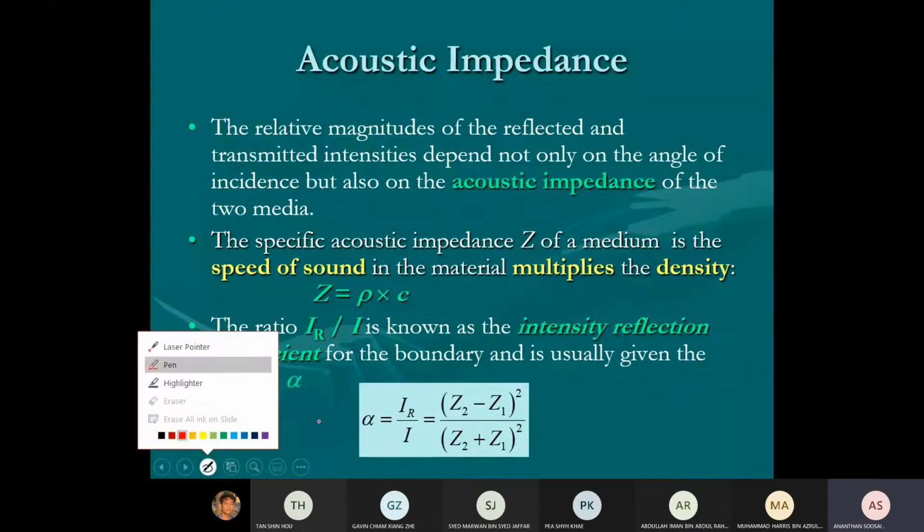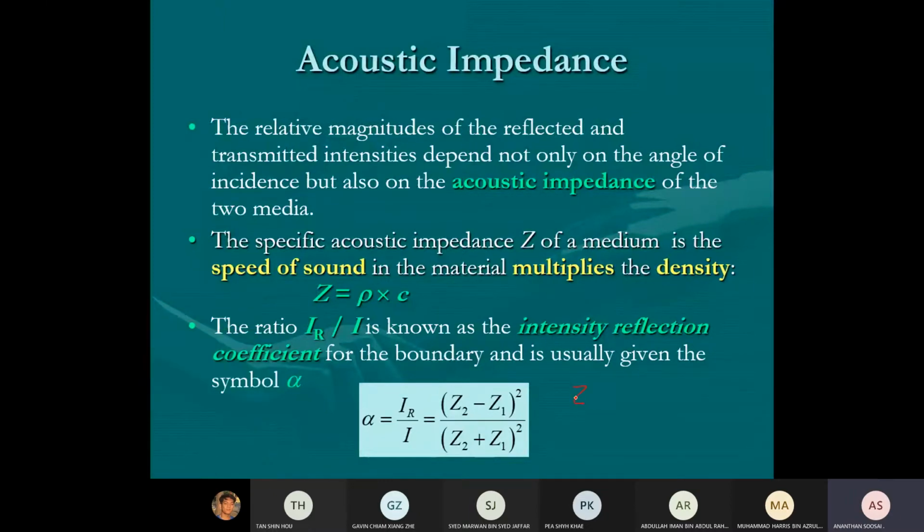That's a very important point for you to understand here. When Z2 is about the same as Z1, alpha is close to 0, which means the majority has been transmitted.